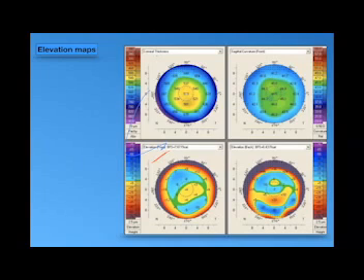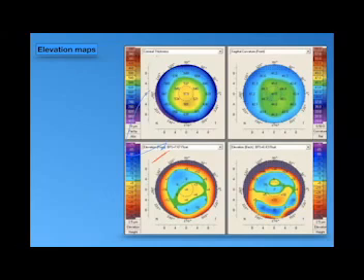The anterior elevation is normally assumed to be higher in the inferior than the superior, for the same reason we talked about for the topography itself: just as inferior steepening is accepted, increased elevation in the inferior part of the cornea compared with the superior part is also accepted.